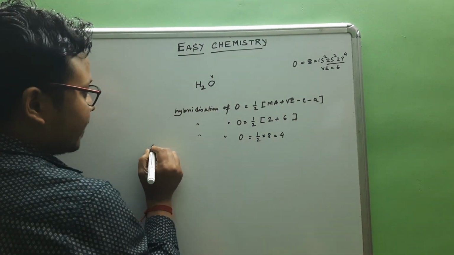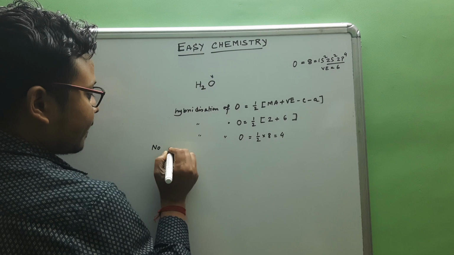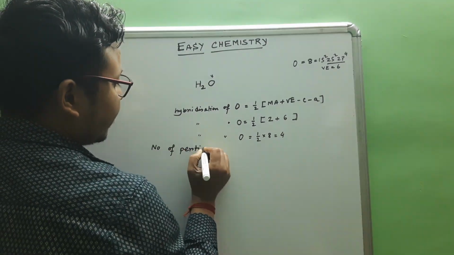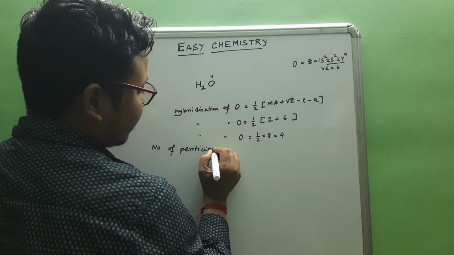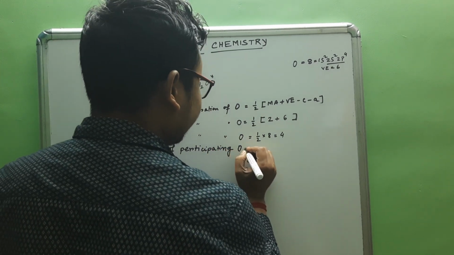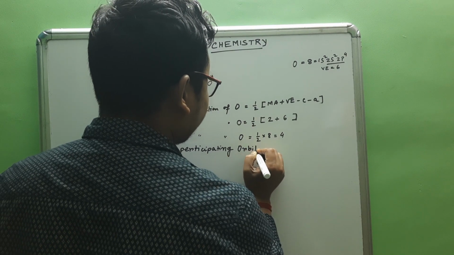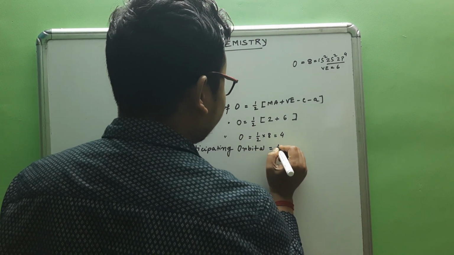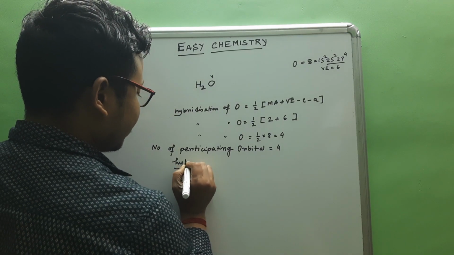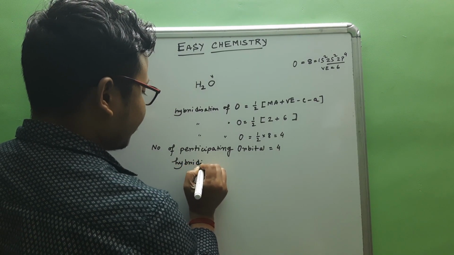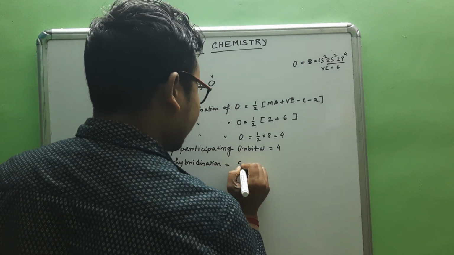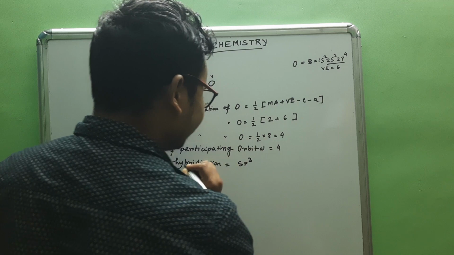So the number of participating orbitals equals 4. So hybridization will be sp3. Okay.